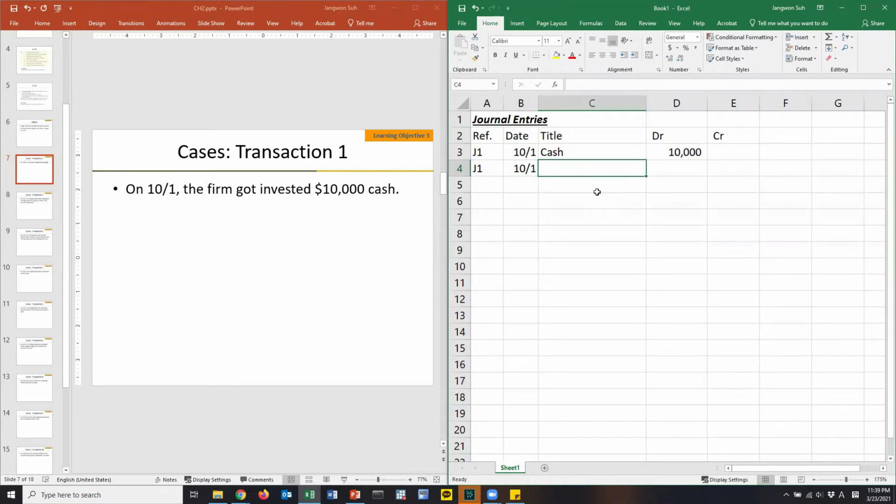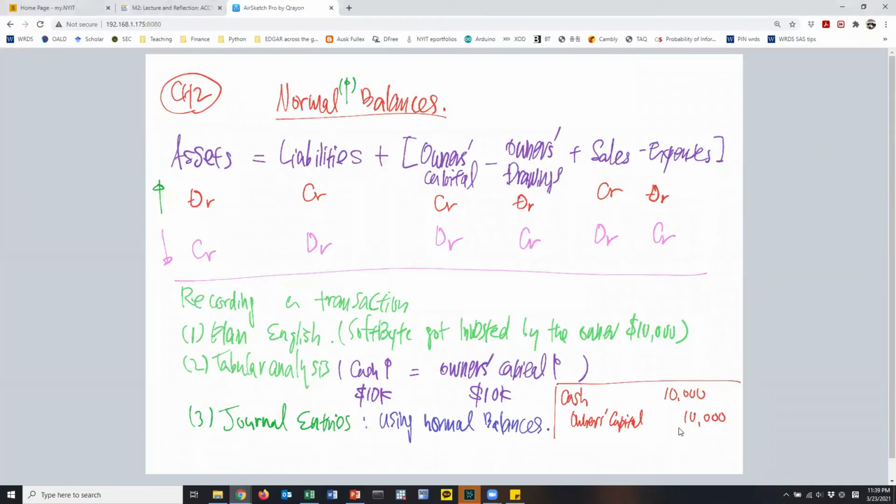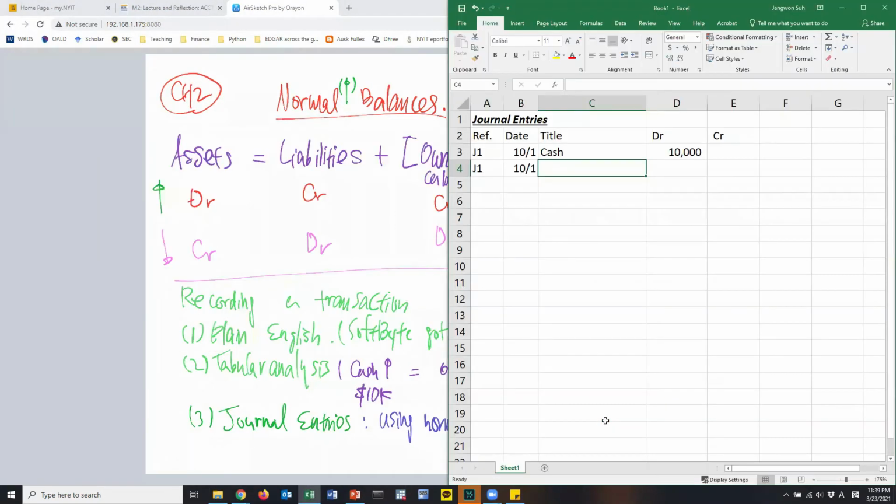And then the title that I'm going to use is, as you saw 1 minute ago, owner's capital on the credit side, the same amount. We can distinguish the debit from credit using this indent button.